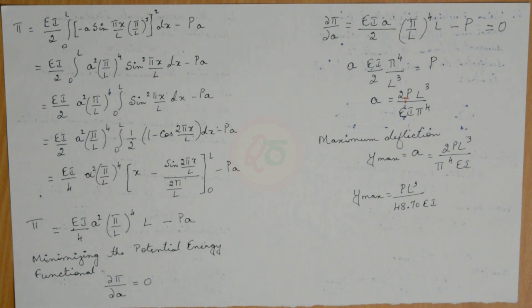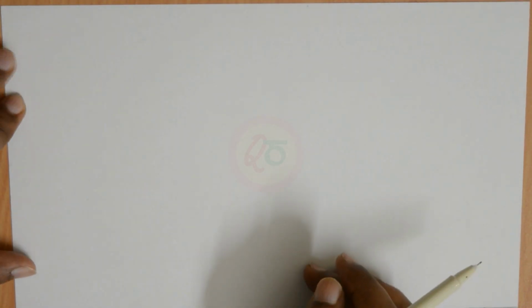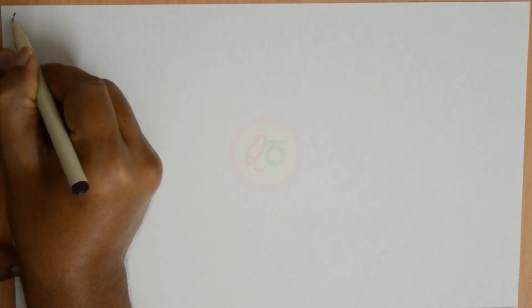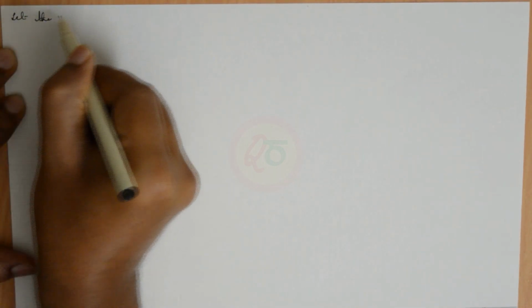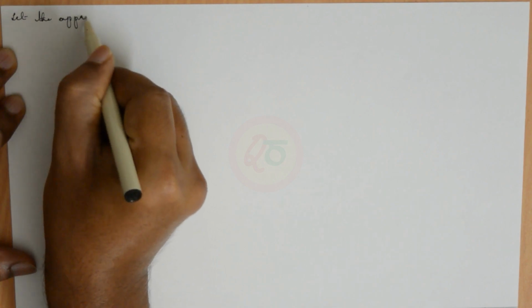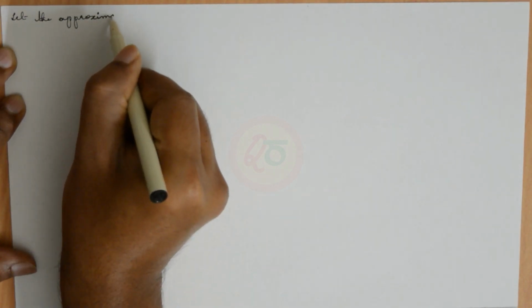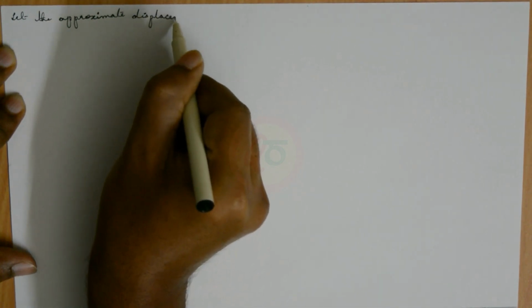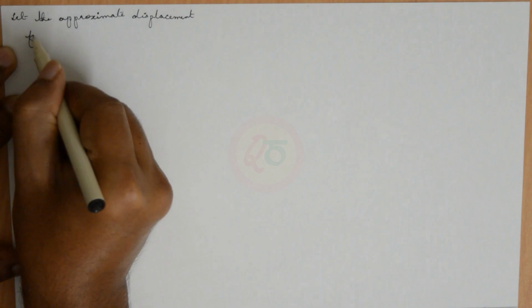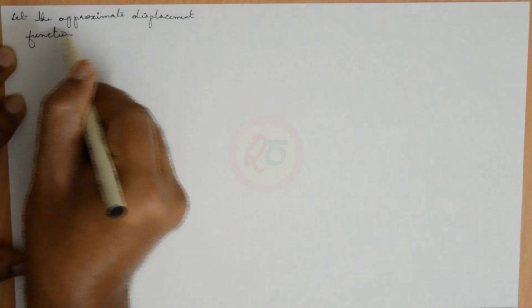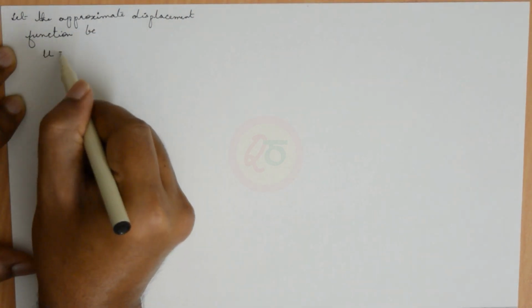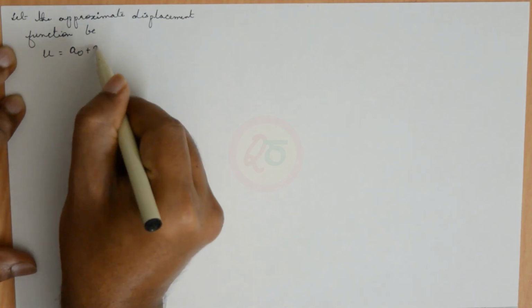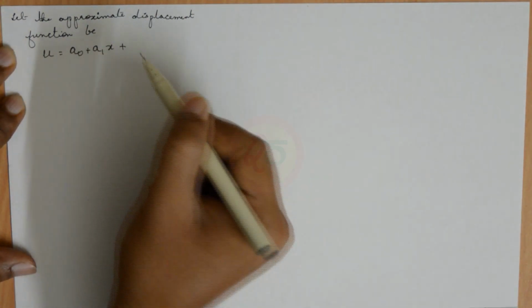Now we'll look at the possibility of using a polynomial displacement function. So let us assume the polynomial displacement function. So let the approximate displacement function be u equals a0 plus a1x plus a2x square.